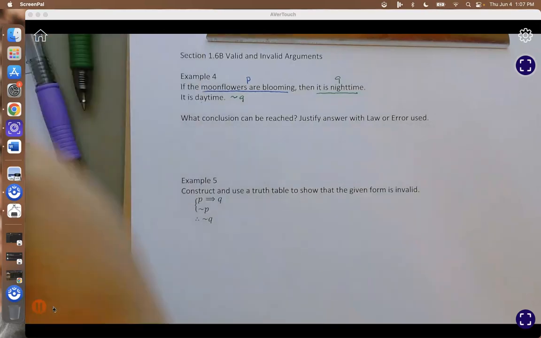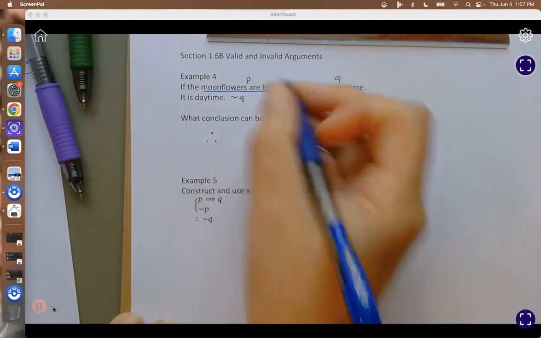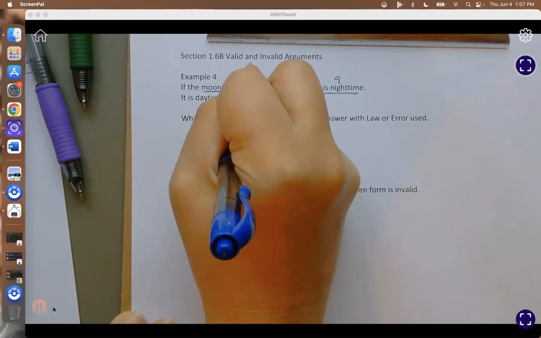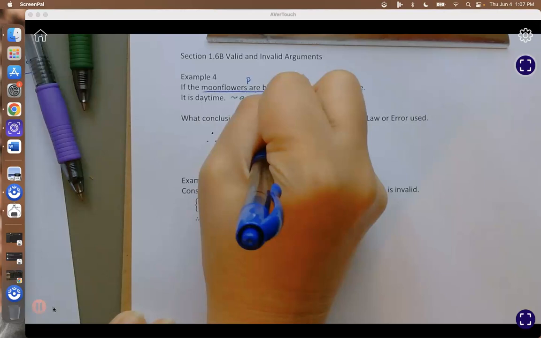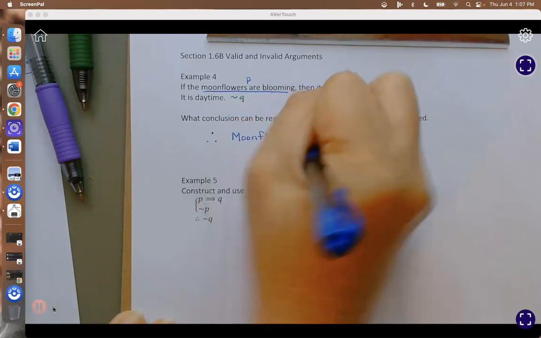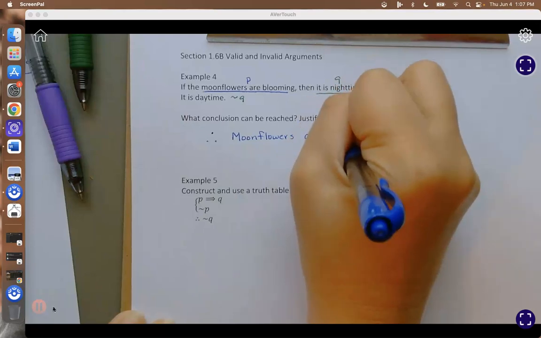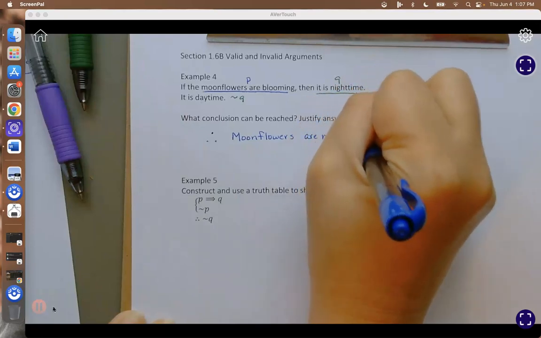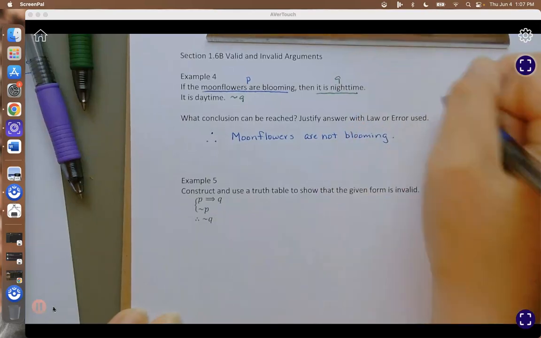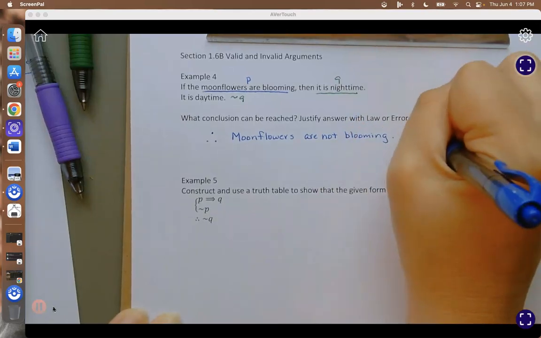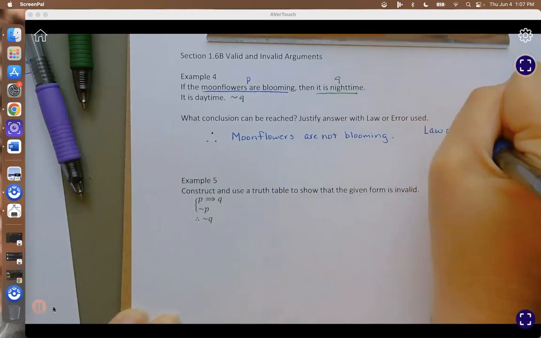We would say, therefore, we would need it to be not P. So we would say moonflowers are not blooming. And it is the law of indirect reasoning.